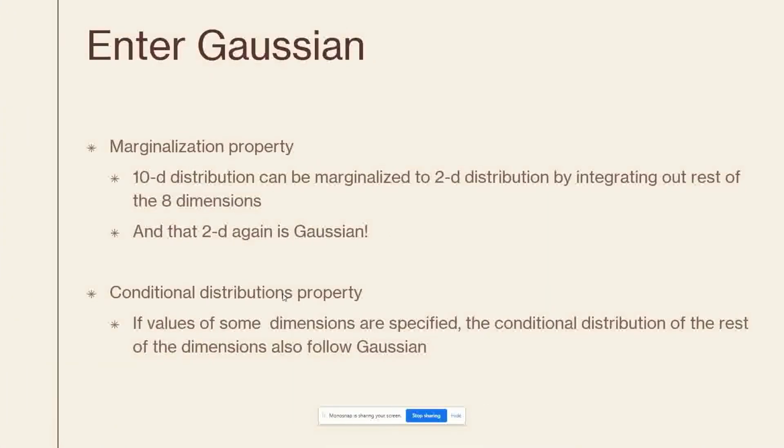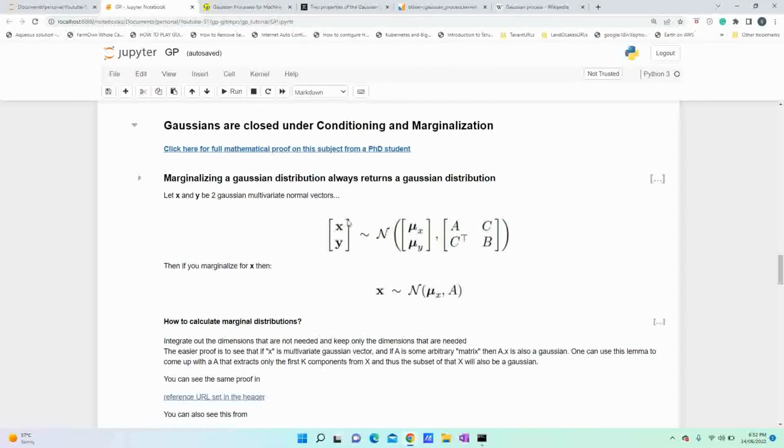Property number two says that the conditional distribution is, again, a Gaussian. What a conditional distribution means is that, in this 10-dimensional distribution, if I specify the values of 5 dimensions, let's say I specify the 5 values of x as 1, 5, 10, 3, -2, then the distribution of y given these values for x is again a Gaussian distribution.